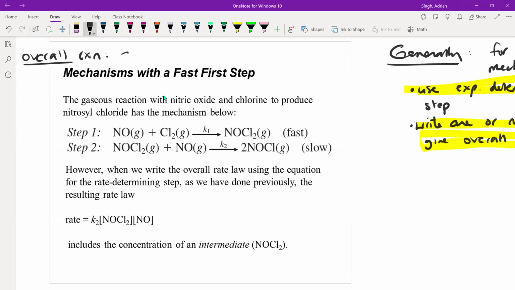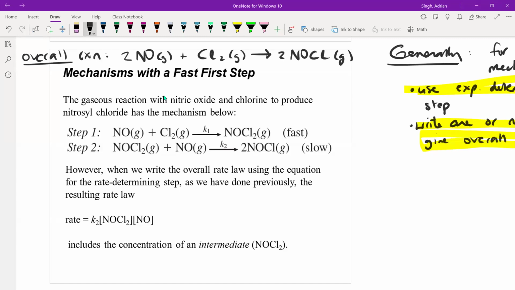So we have 2NO reacting with chlorine gas, Cl2, to produce 2NOCl. That's the overall chemical reaction.